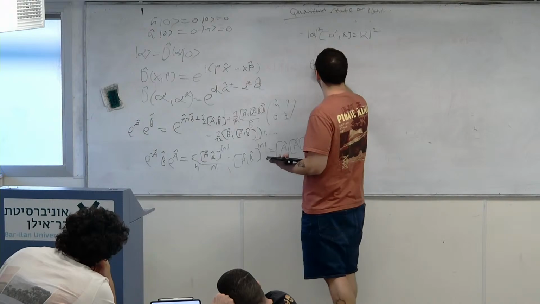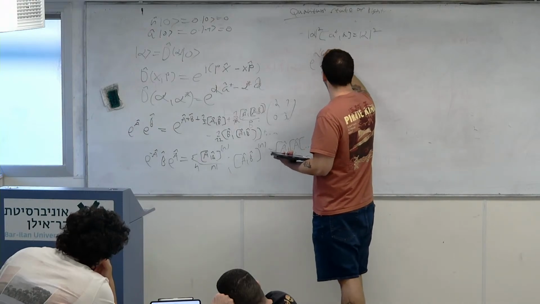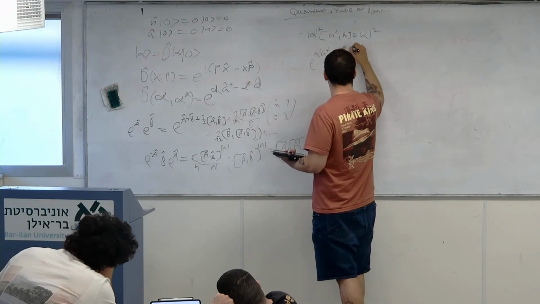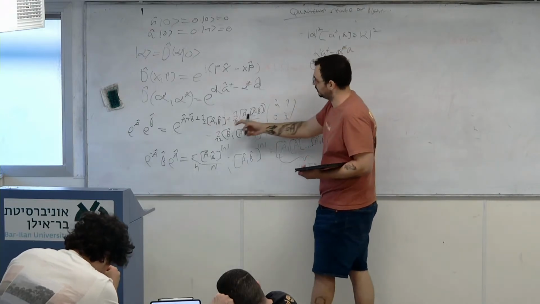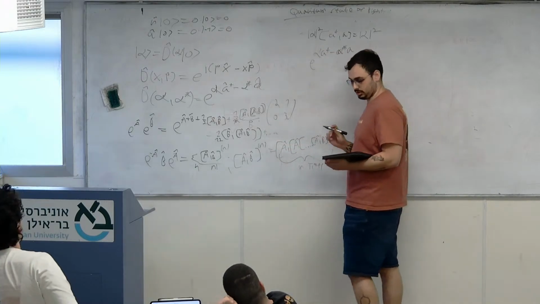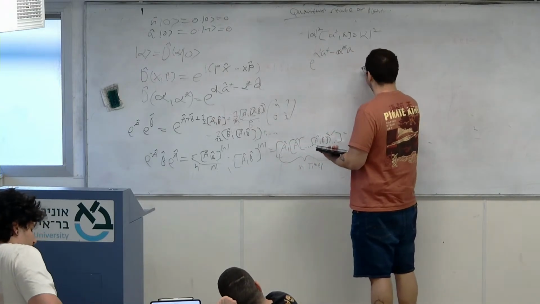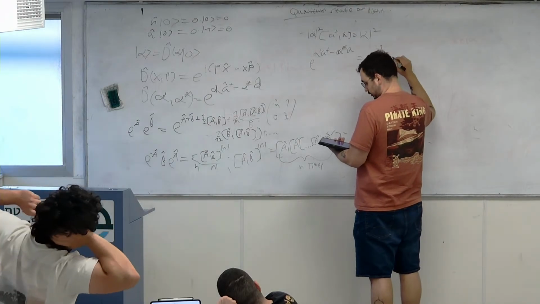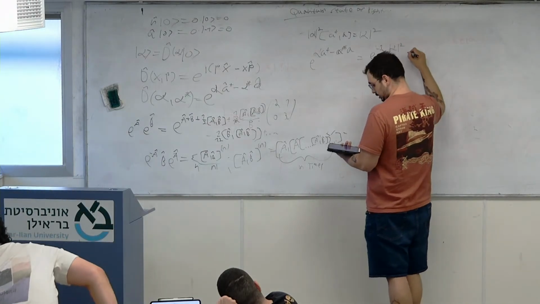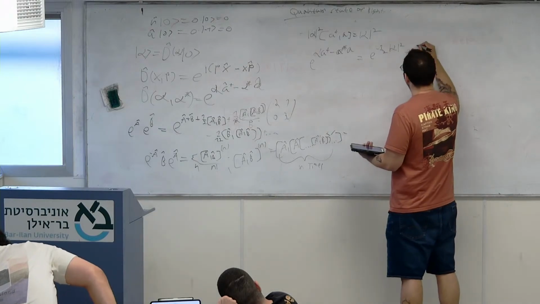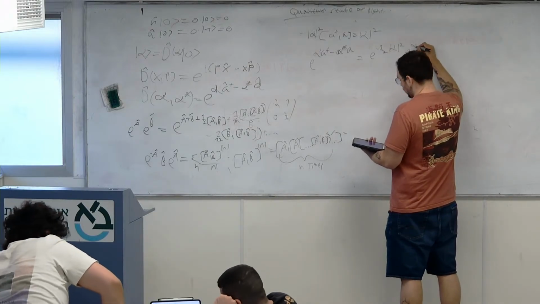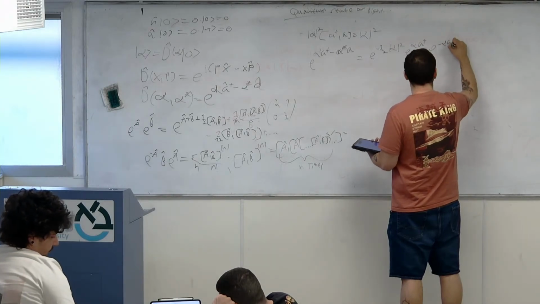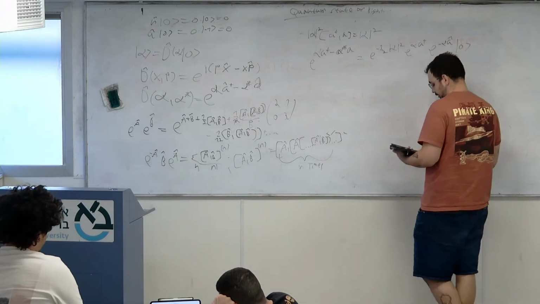So e to the alpha a dagger minus alpha conjugate a, using the reverse of this relation, would be equal to e to the minus 1/2 absolute value alpha squared times e to the alpha a dagger, e to the minus alpha conjugate a, on the state 0.